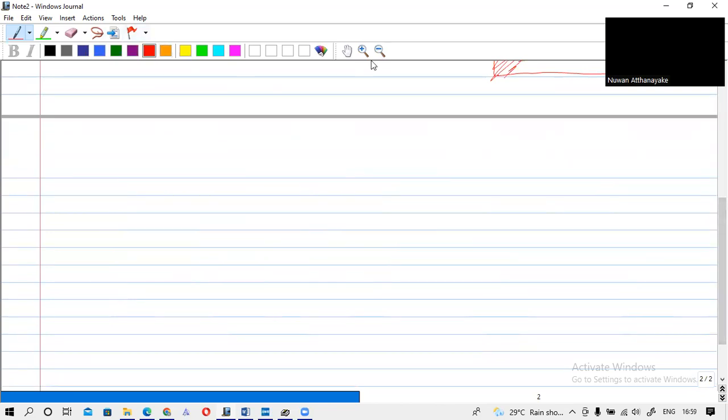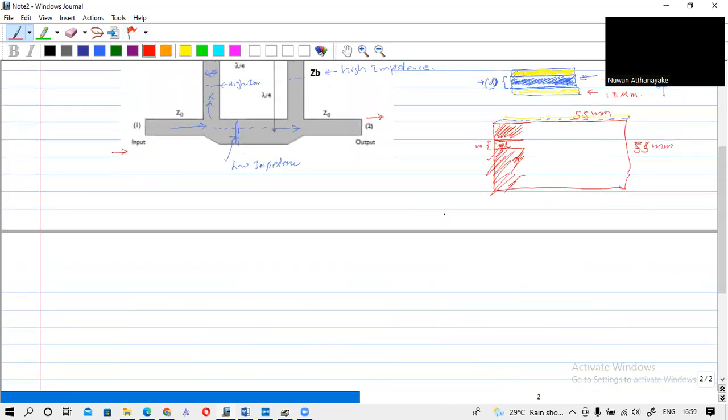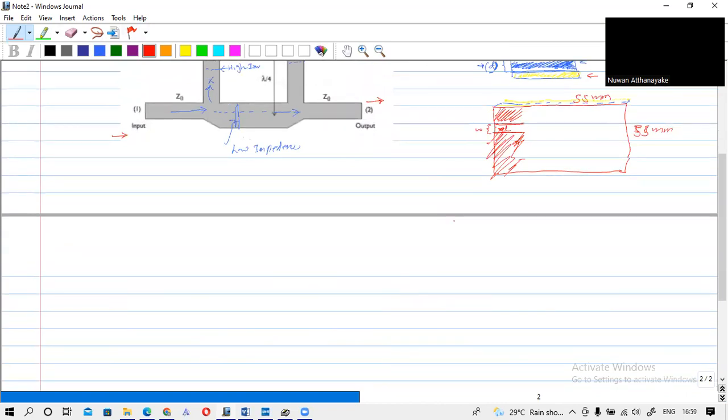If I get the side view, it is like that. Here we have a copper plate, and here we have the dielectric constant.